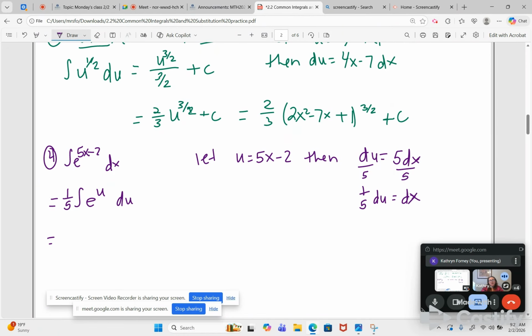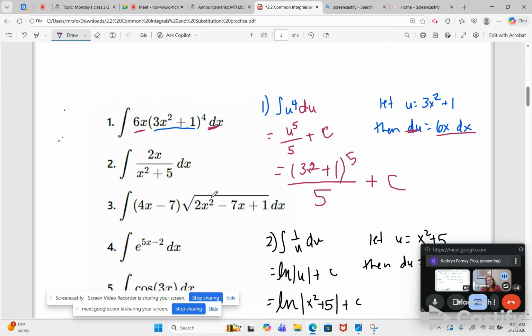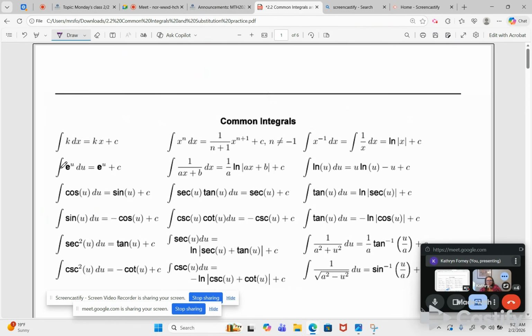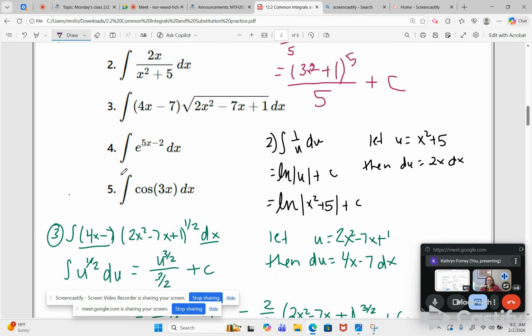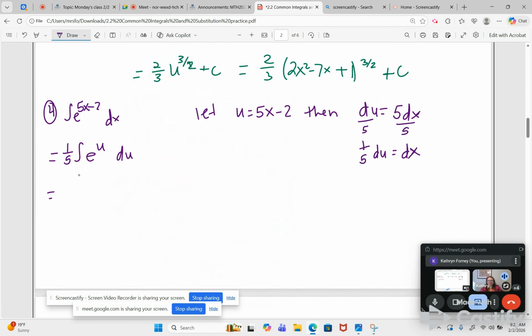So now, if we go back to our common integrals, e to the exponent is e to the exponent. So that becomes 1/5 e to the u plus c.